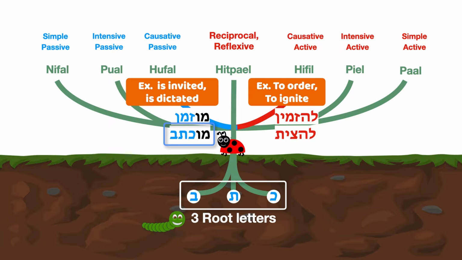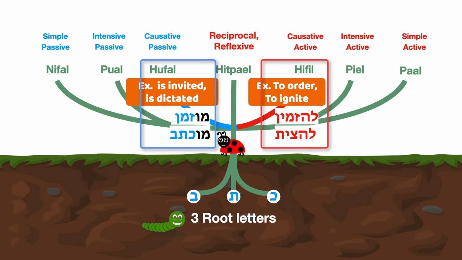And here's another example. The root letters here are Kaf, Taf, B. So again, let's apply the Whofoul rule of adding a mem and a vav before the root. So we form the verb, מוכתב. That means is dictated.